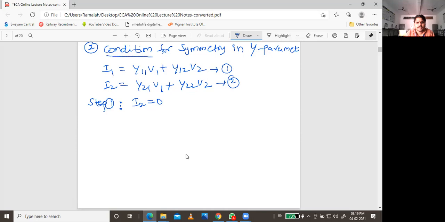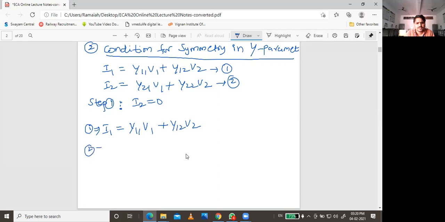So we want V1 by I1 when port 2 current is 0. First from equation 1, I1 equal to Y11 V1 plus Y12 V2, because I2 is not there in this equation.